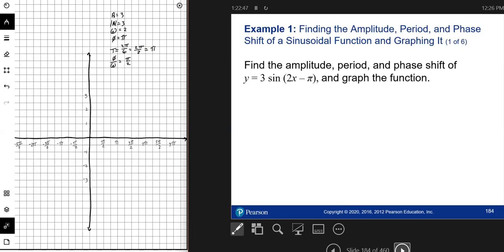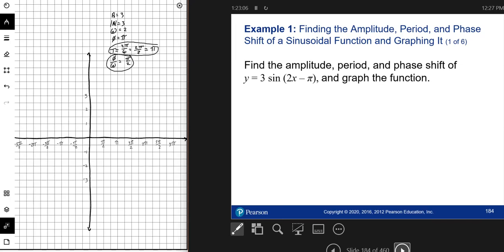Is that all they were wanting to find? Are they asking us to graph this? Oh, yeah, and graphing it. So here's the phase shift. And here's the period.